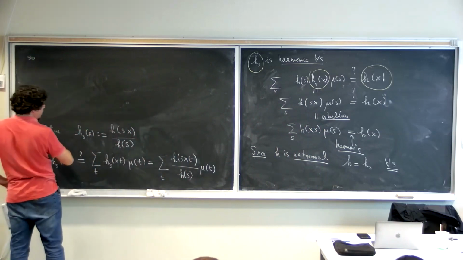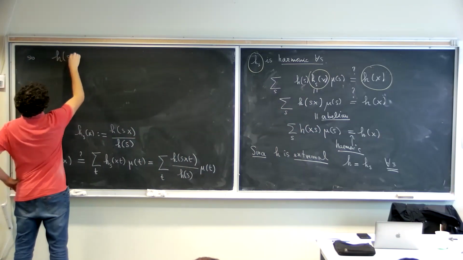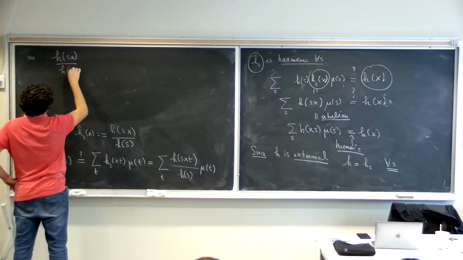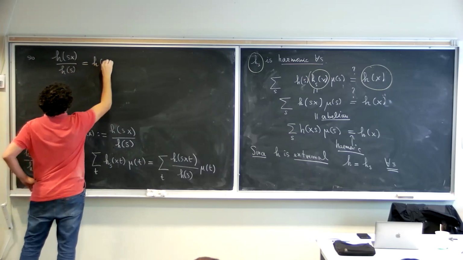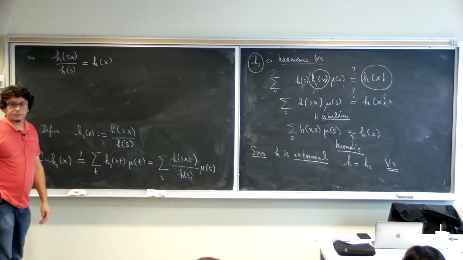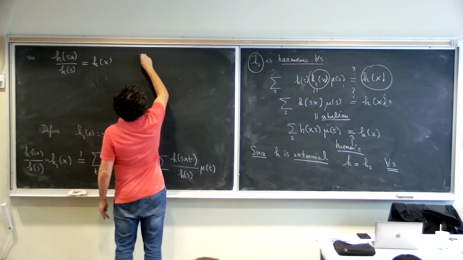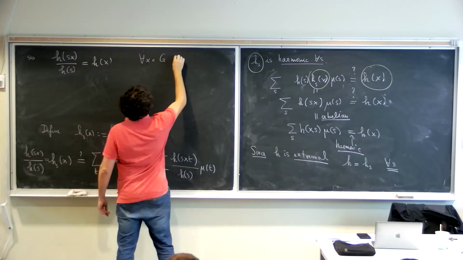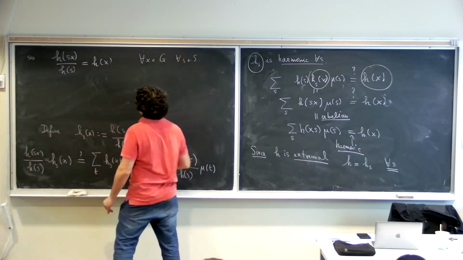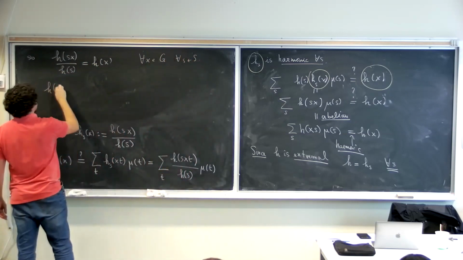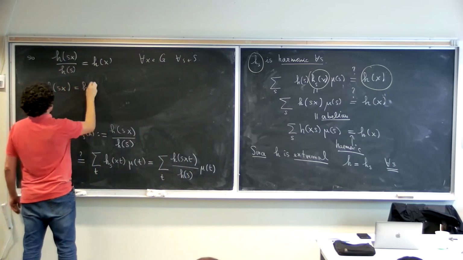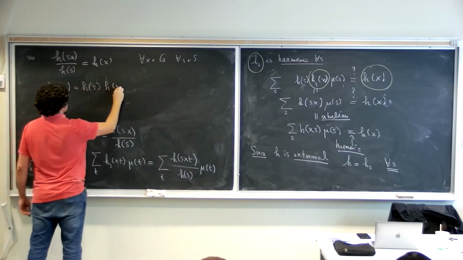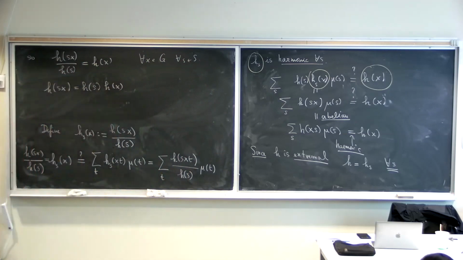So H(Sx) over H(S) has to be equal to H(x) for every x in G and for every S in the generating set. So in particular, H(Sx) equals H(S) times H(x).